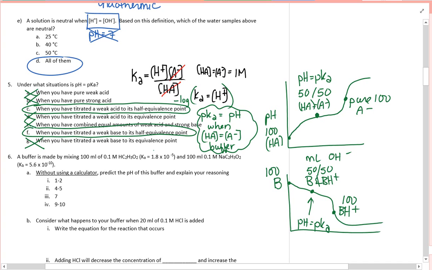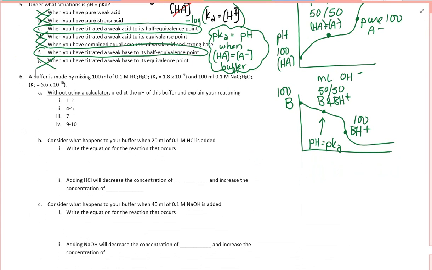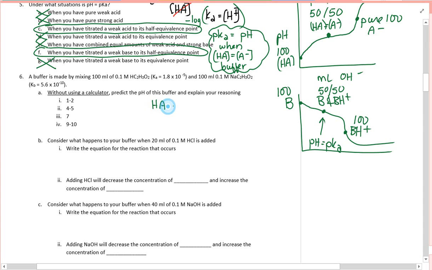So let's look a little bit more at buffers and how they work. So here's a buffer. We're making a buffer from acetic acid and sodium acetate. Notice I have equal amounts of my weak acid and my conjugate base. This is my weak acid. This right here is the source of my anion, my conjugate base. It's 0.1 molar of each. So think about what we just said here.